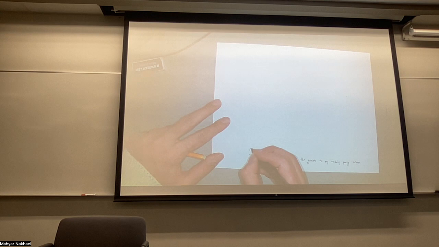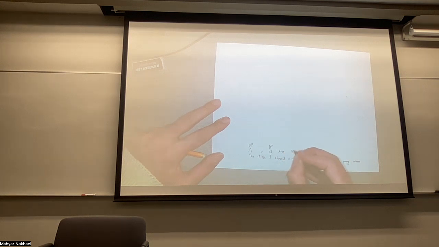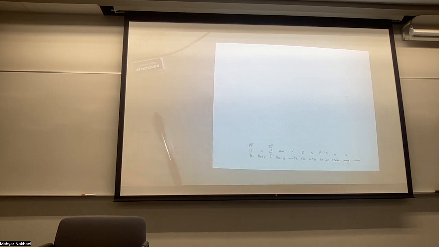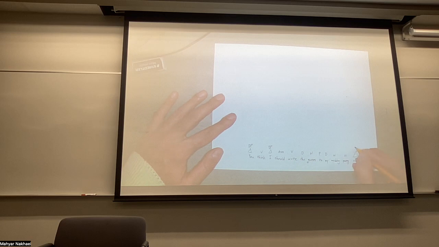So, you is personal pronoun, triangle, think is the verb, I personal pronoun, triangle, should, auxiliary, it goes under tense, invite is a verb, the determiner, guest, noun, to preposition, my determiner, wedding is a noun, party is a noun, so we have a compound noun here. And when is subject question or triangle.